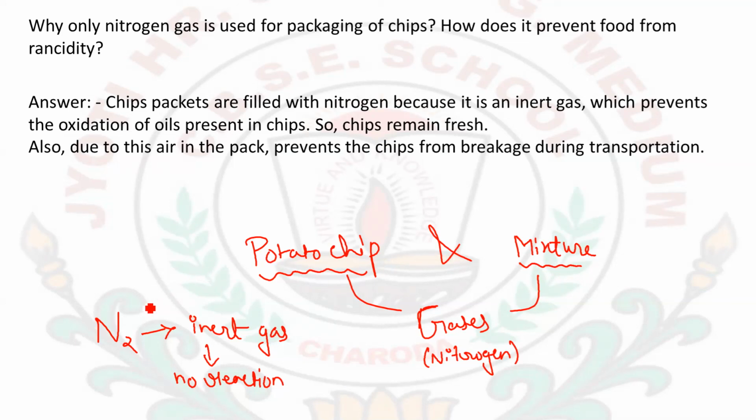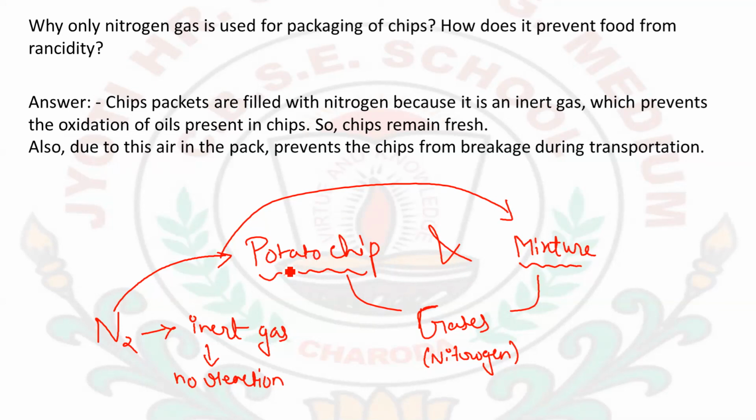Nitrogen does not react with the oil or fat, and hence it prevents reaction with any other gases. If I fill a packet with nitrogen gas, no space is left for any other gas to take the place of nitrogen, and hence the food is prevented from getting oxidized.